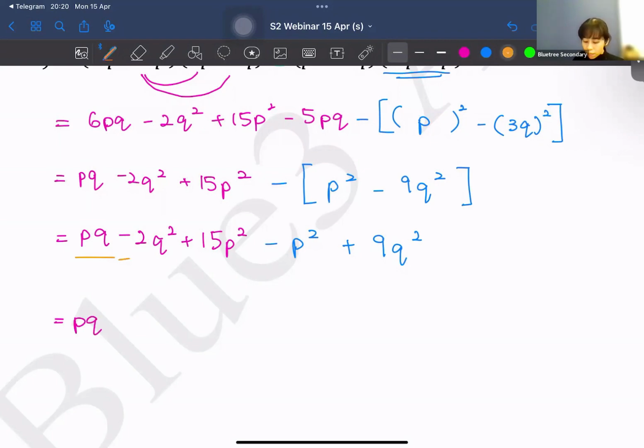For my Q squared, I have negative Q squared and positive 9Q squared, which will give me positive 7Q squared. And for my P squared, I have 15P squared minus P squared, which will give me 14P squared. That's your final answer.